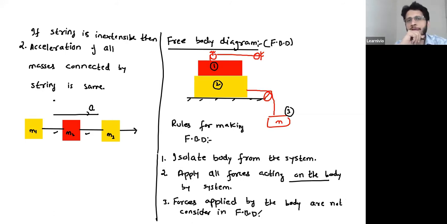So while making FBD, we consider only those forces which are acting on the body by the system. But the forces which are applied by the body are not considered in FBD.